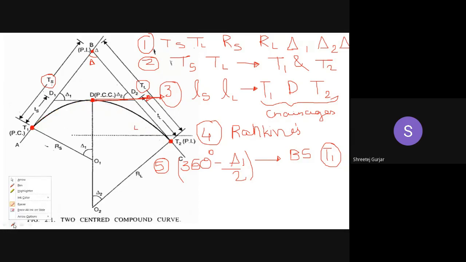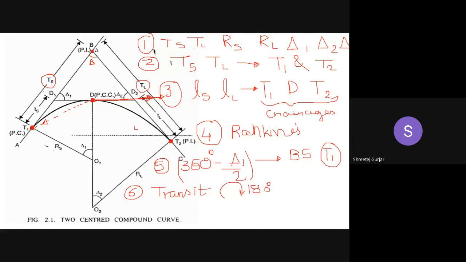So always your line of sight will be straight, right? So you will be taking a backsight from D to T1. Now, next what you have to do, you have to transit your telescope. Transit meaning rotate by 180 degrees.